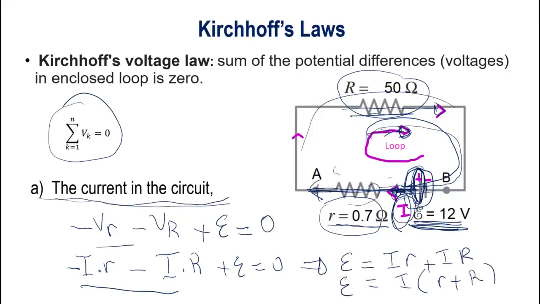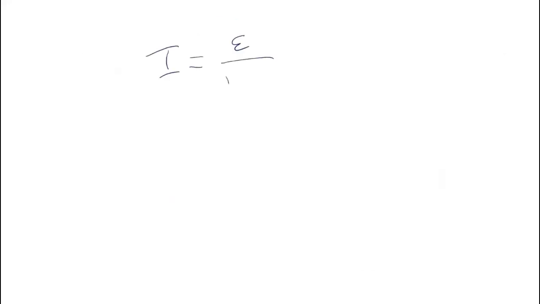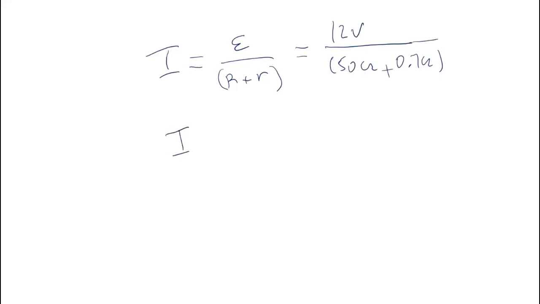So the current I will be E over r plus R. If we do the math, E is 12 volts, and the resistance is 50 ohms plus 0.7 ohms. So the current I is 0.237 amps. This is how we calculate the current in an enclosed loop.